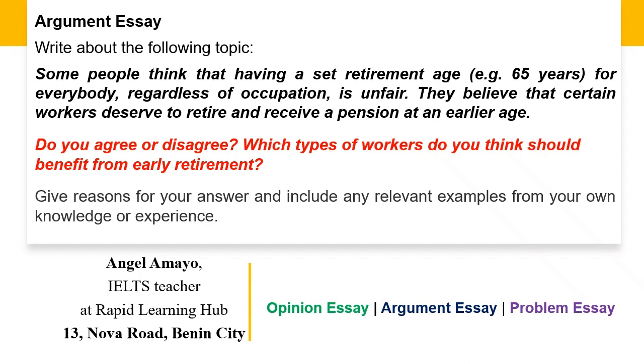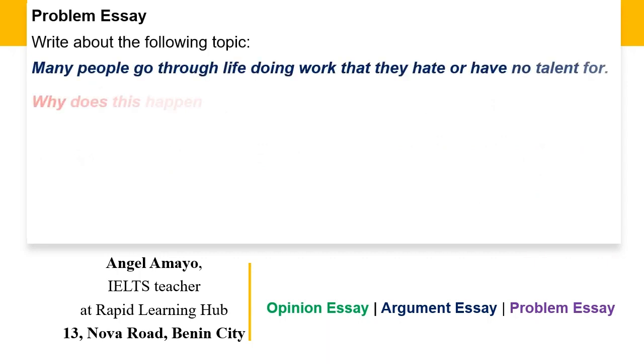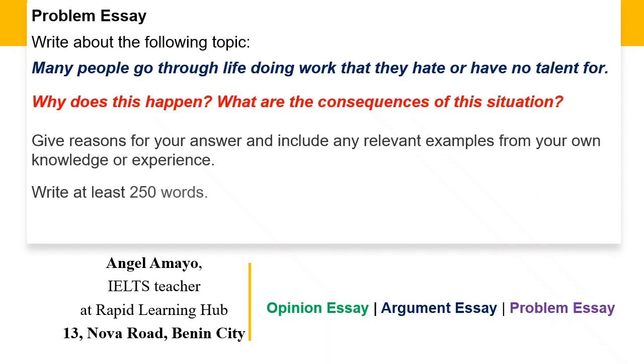And the third one in our list, which is the last of the three task 2 types, is a problem essay. Here is the example. It says, many people go through life doing work that they hate or have no talent for. Why does this happen?